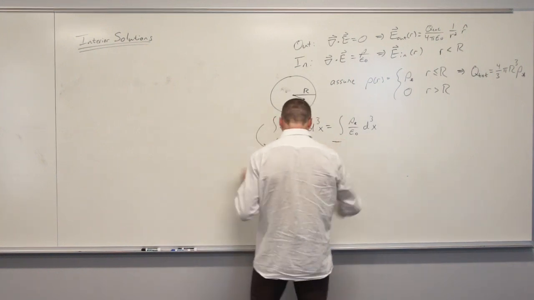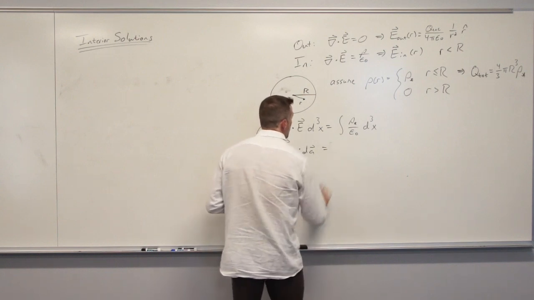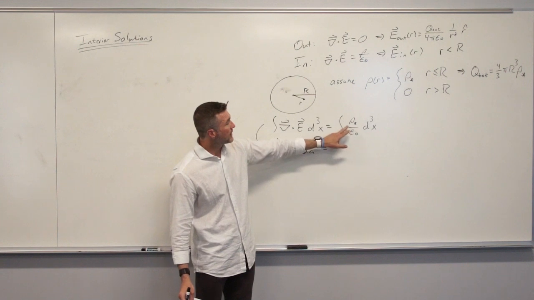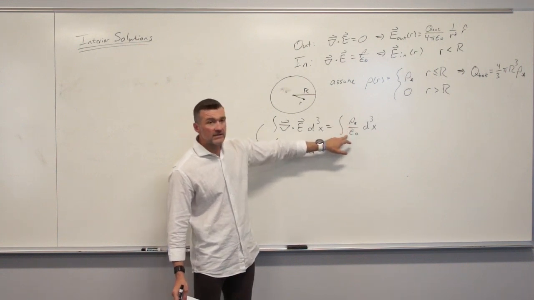This is the same thing we did last time. This time, though, we have to be a little bit careful because when we integrate the volume side, this is just a constant, so we can pull it out.